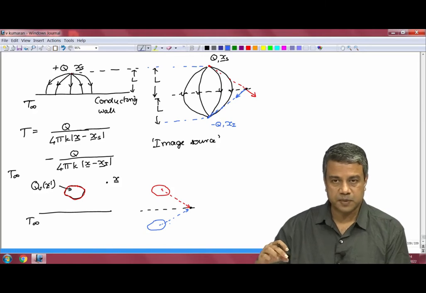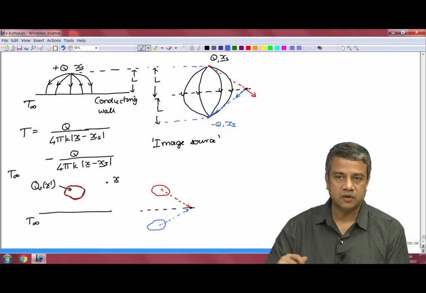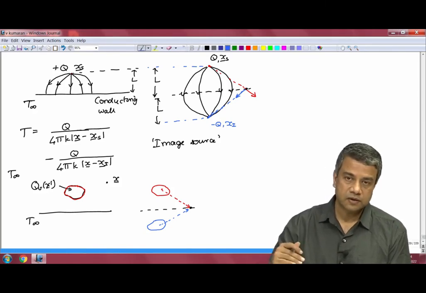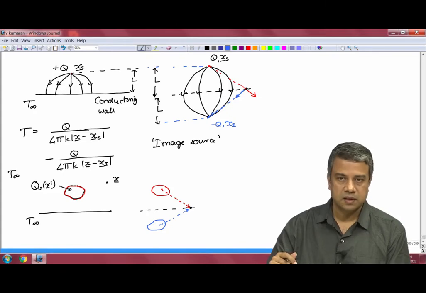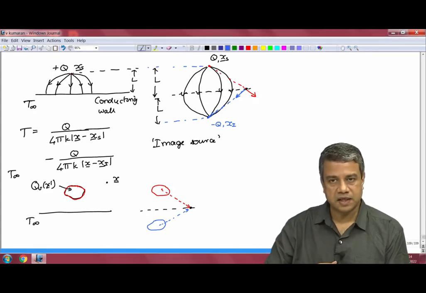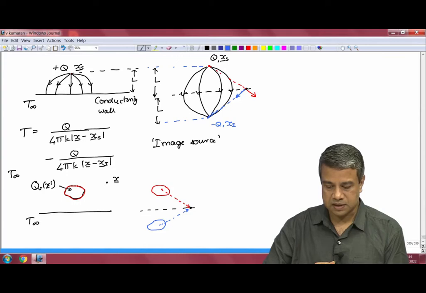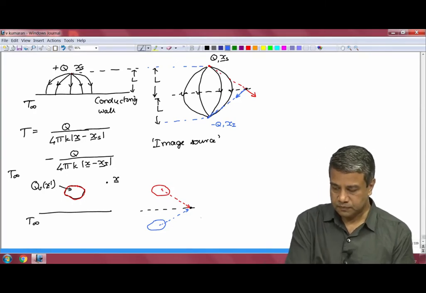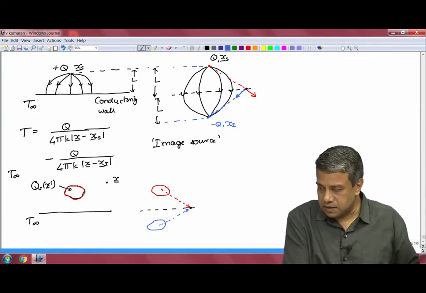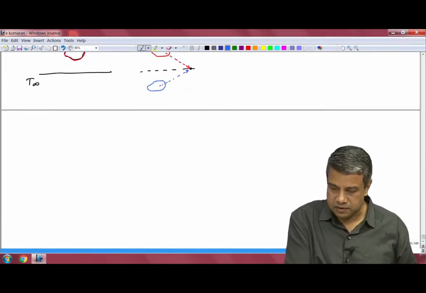Therefore, these pairs of locations ensure that the boundary condition is satisfied for all locations on the source. So, for a distributed source you can just add an image distributed source in such a way that the boundary condition is satisfied. This is a simple extension of the method of images.